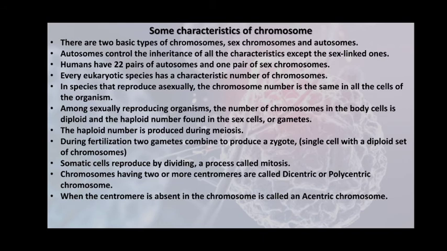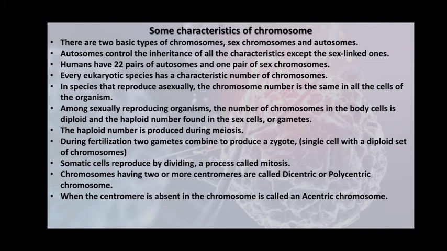Each eukaryotic species has a characteristic number of chromosomes, which is called chromosome number. In species that reproduce asexually, the chromosome number is the same in all the cells of the organism. Among sexually reproducing organisms, the number of chromosomes in the body, that means somatic cells, is diploid, a pair of each chromosome, and the haploid number is found in the sex cells or gametes.